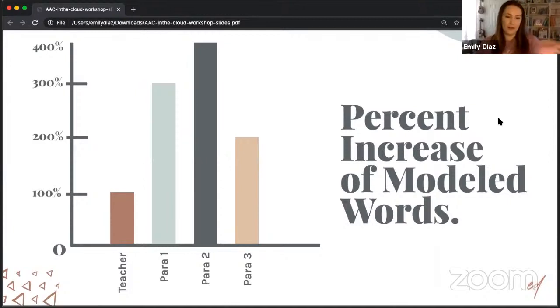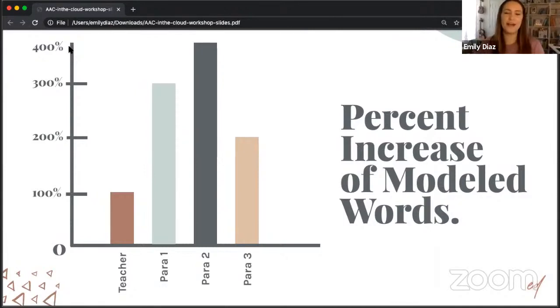The graph on the bottom shows you the different classroom staff, the teacher and 3 paras. It's a very large classroom. And then this is the percent increase of modeled words. So this is the clicker counter data in action.